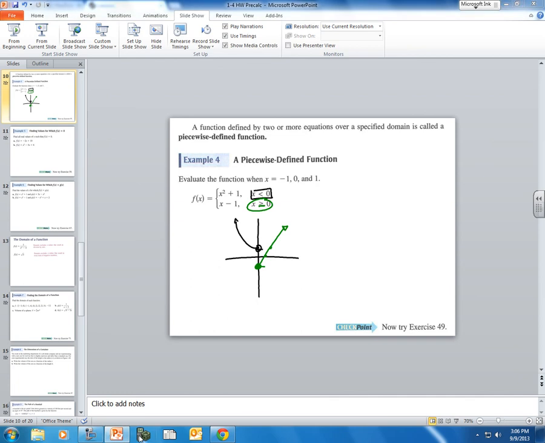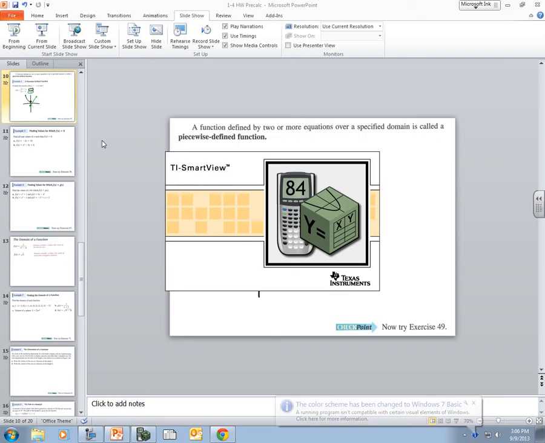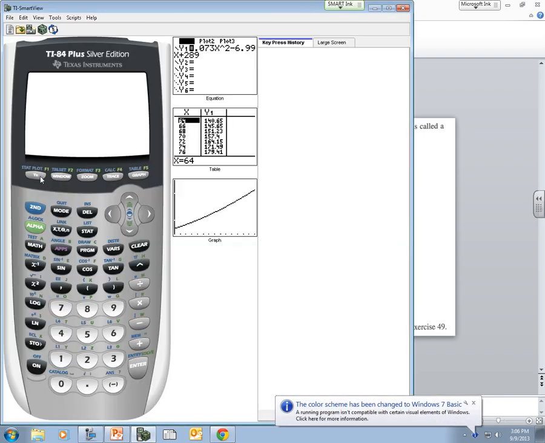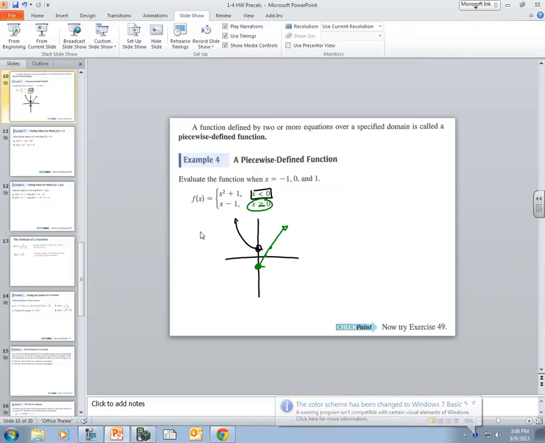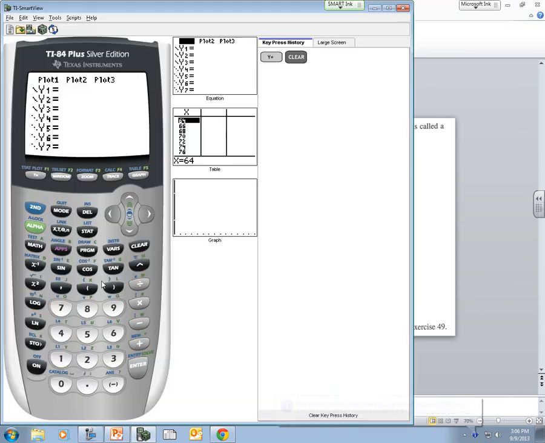Let me bring that up. It's just putting two equations in here. So let's get our y equals here. I'm going to clear this out. The first part says x squared plus 1. I'm going to put that inside of parentheses, x squared plus 1. Then on the same line, parentheses, x is less than 0.